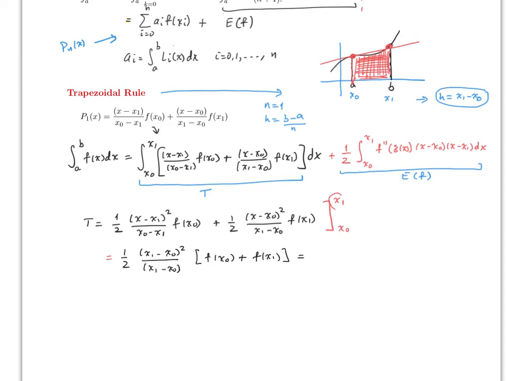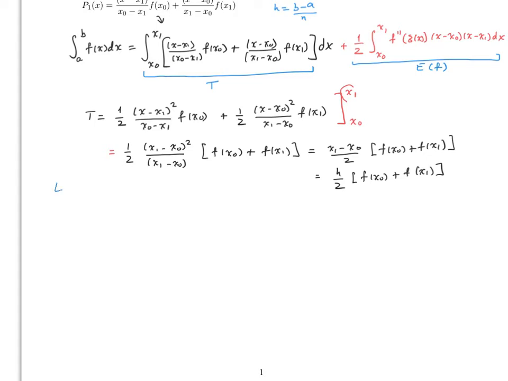And then this simplifies to just (x1 minus x0) divided by 2 times f of x0 plus f of x1. But remember x1 minus x0 is equal to h. So therefore this is just equal to h over 2 times f of x0 plus f of x1, which is the most basic method to approximate an integral, and therefore you should not expect it to be very accurate.